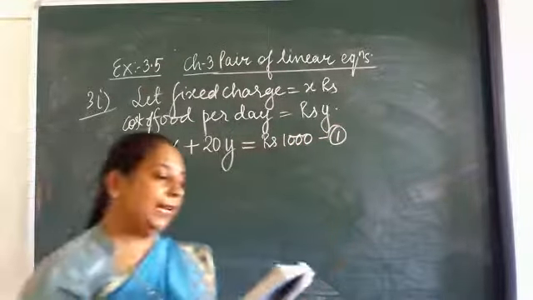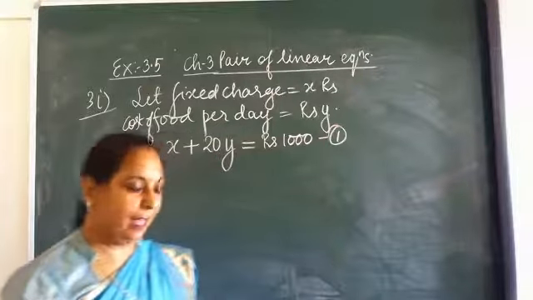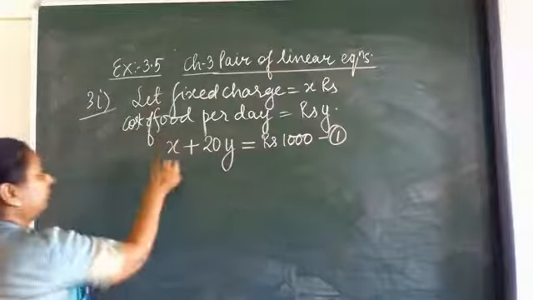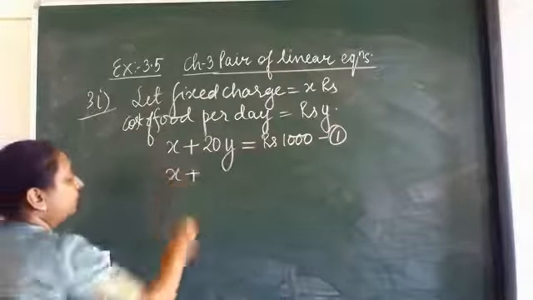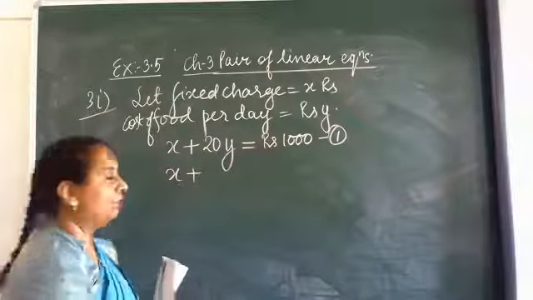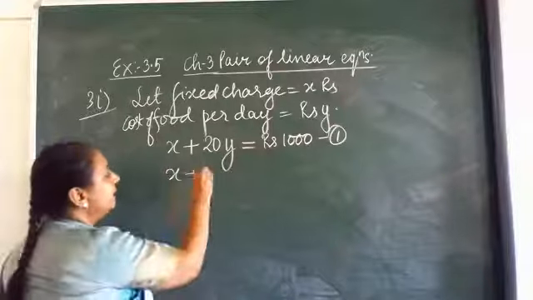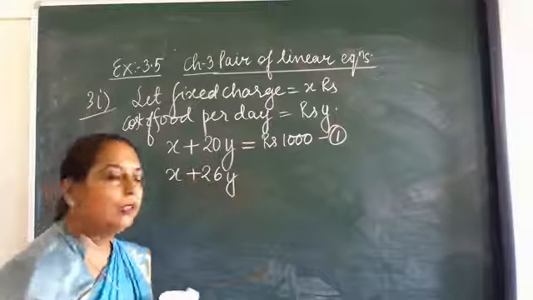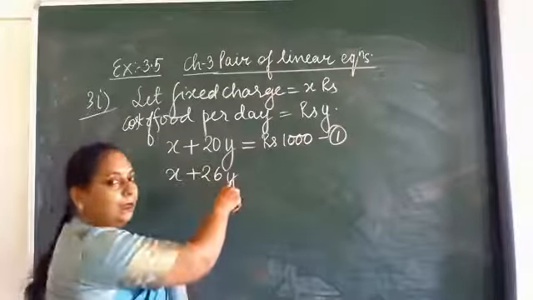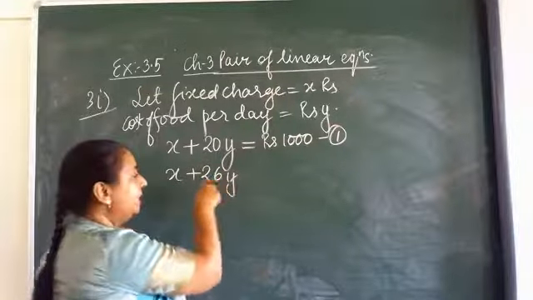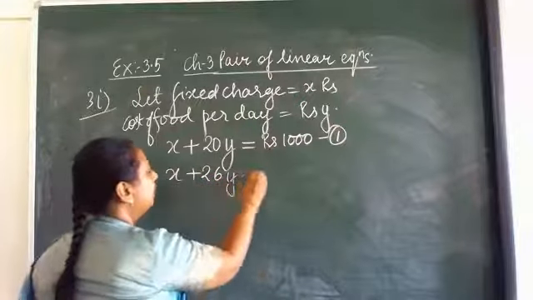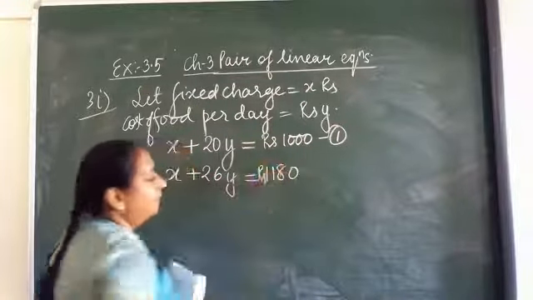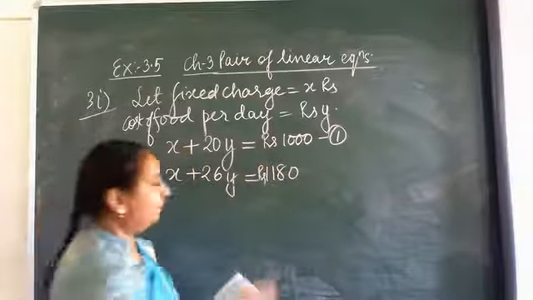Student B takes food for 26 days and pays rupees 1180. So there is the fixed charge for the hostel plus 26 days she is taking food. So 26 into y is the amount of food for 26 days, and total she is paying 1180 as hostel charges.